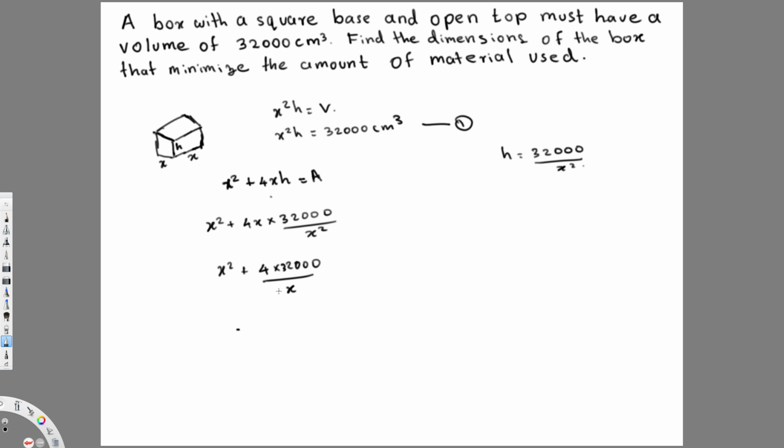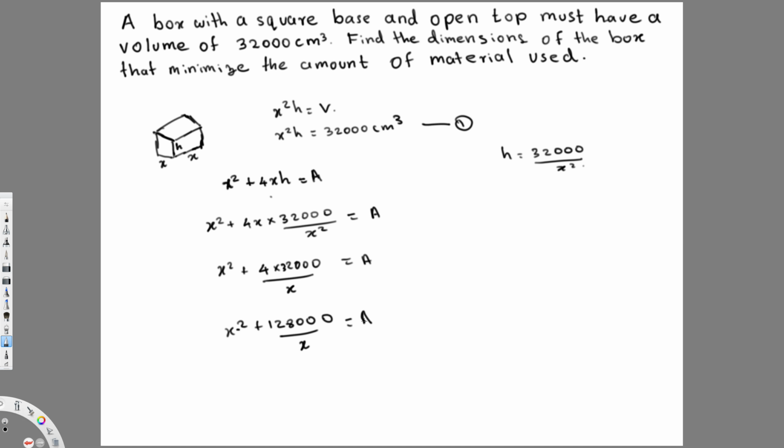If I multiply these two together, I will get 128,000 over x. So my next step is to find the derivative, to find the local maximum and local minimum.